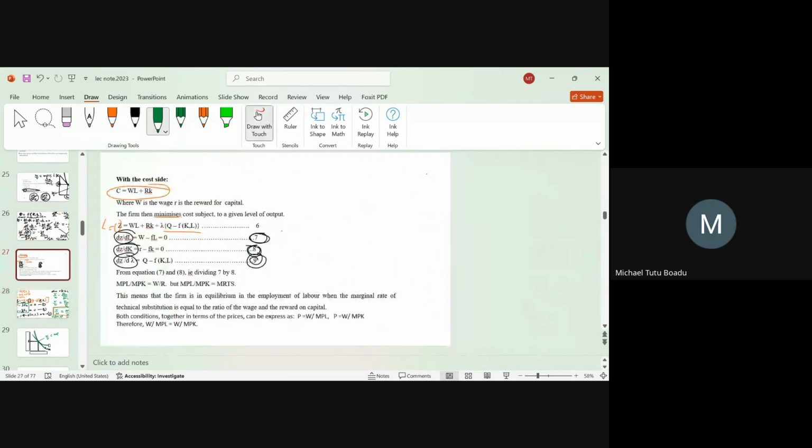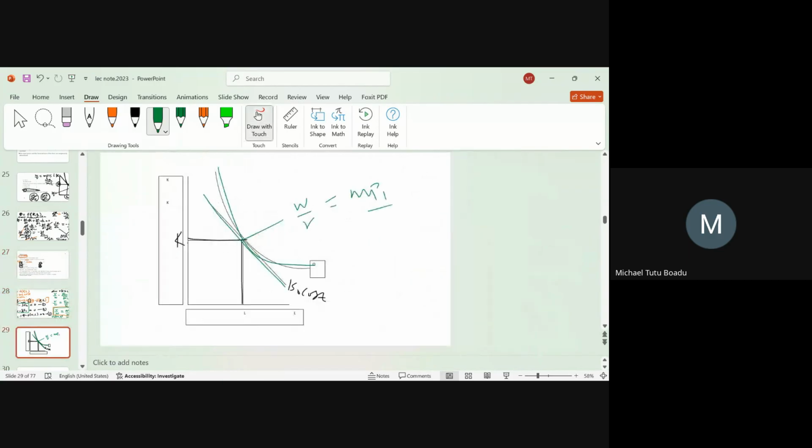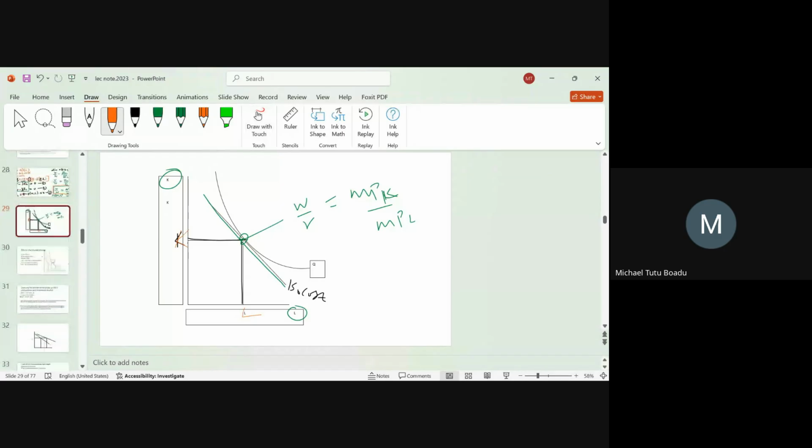MPK over MPL. This is the equilibrium. So the amount of capital and amount of labor to combine to be able to produce the right quantity is you hiring K amount of capital and L amount of labor. That is equilibrium.